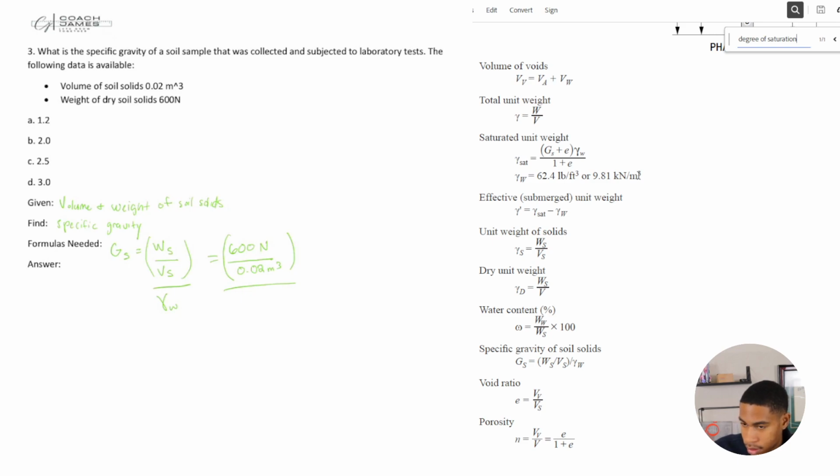So to do that, kilo just means 10 to the third, right? So I would say 9.81 times 10 to the third newtons over meters cubed. And when I do that, I get 3.05, right, or D.